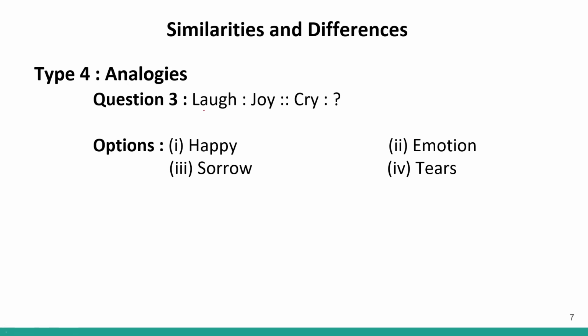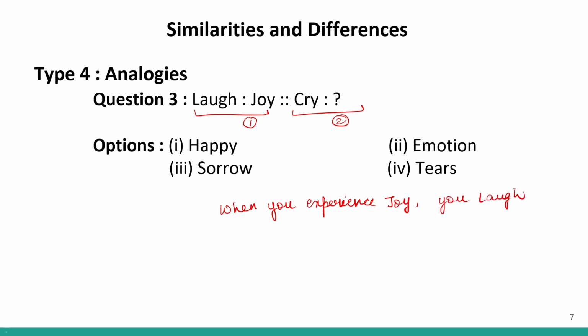Now, laugh is to joy, pair number 1. We have to find pair number 2. When you experience joy, you laugh. This is the relationship between joy and laugh.